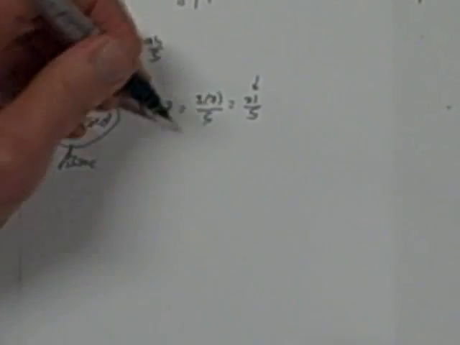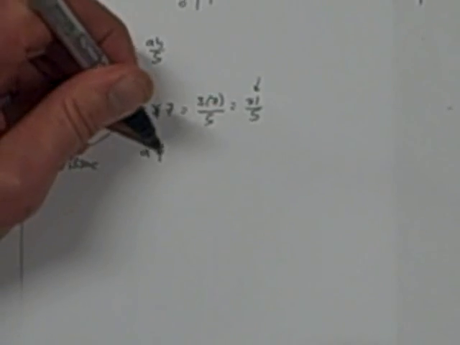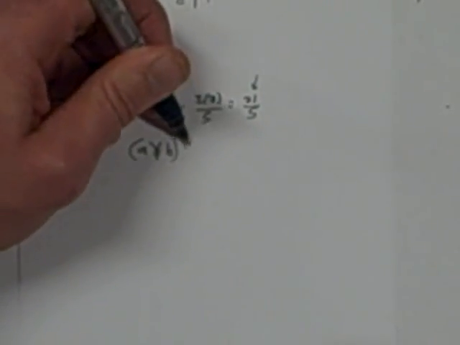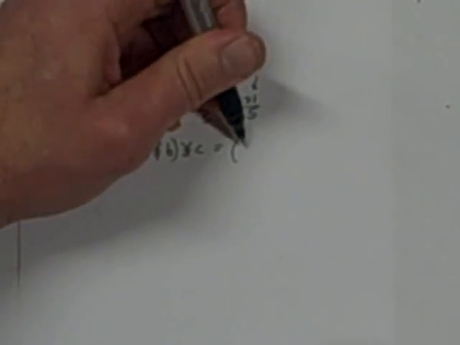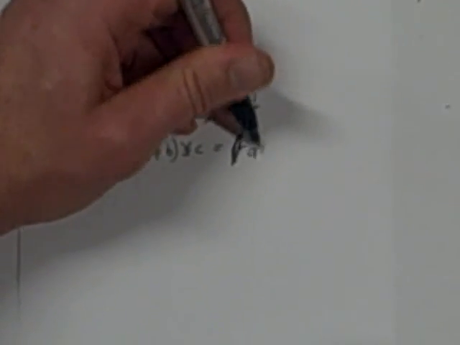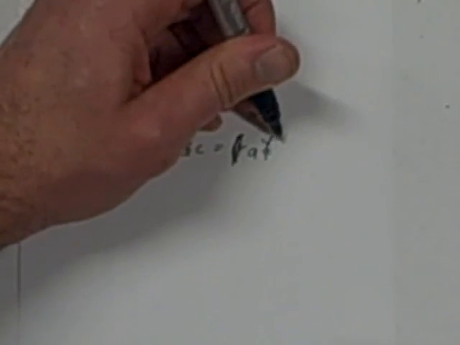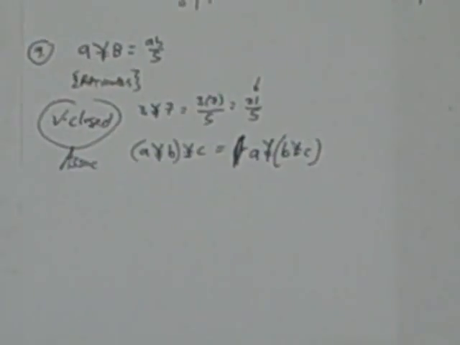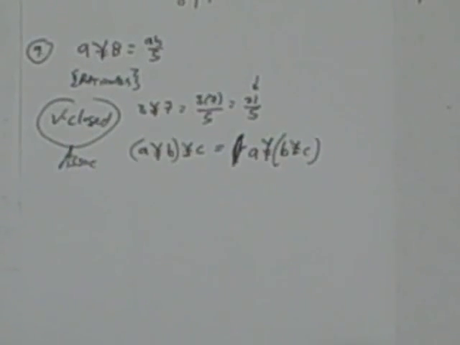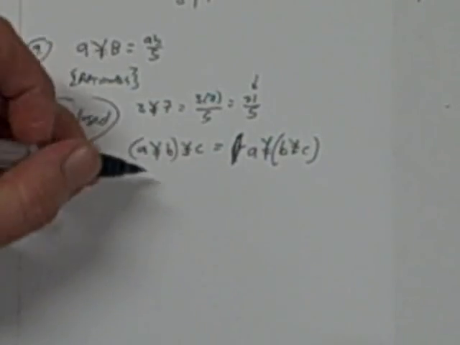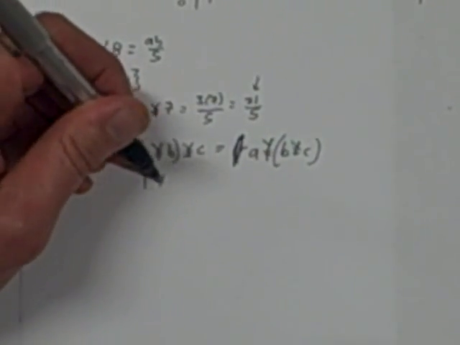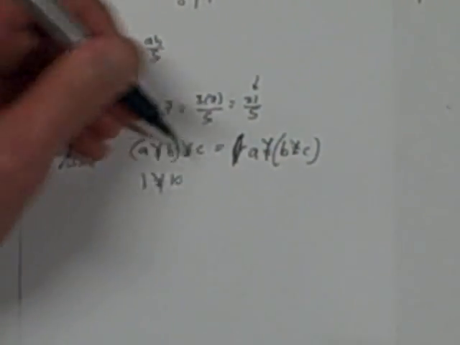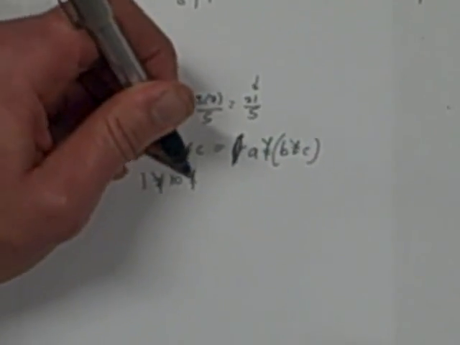And remember, associative means I can associate them differently. This is going to be equal to, whoops, no parentheses. That's how I check associative. So let me pick a couple of values here and see what happens. I'll do 1, 10, and 3.